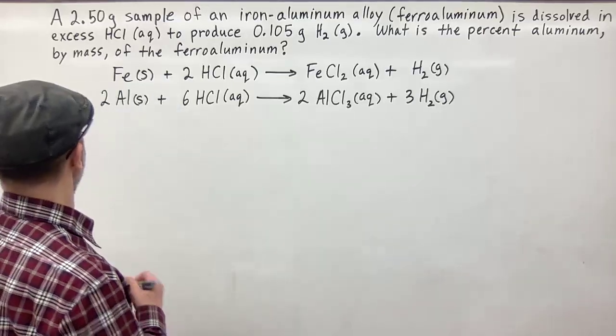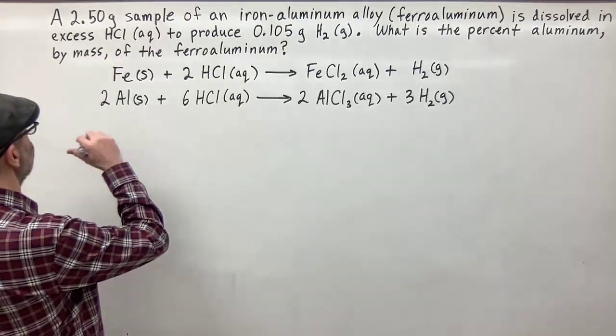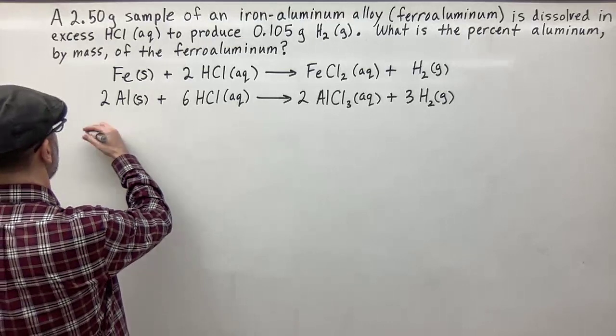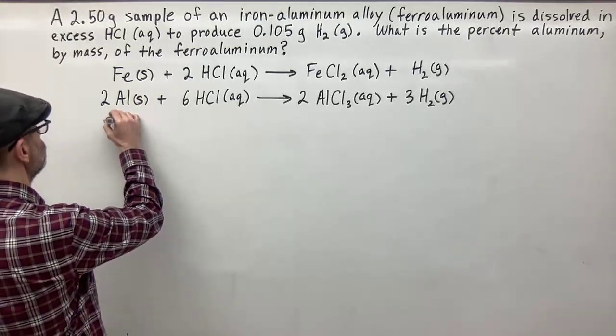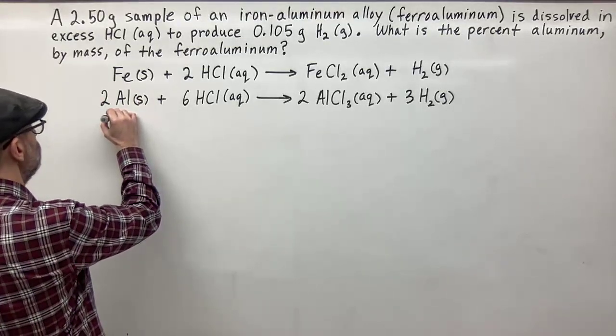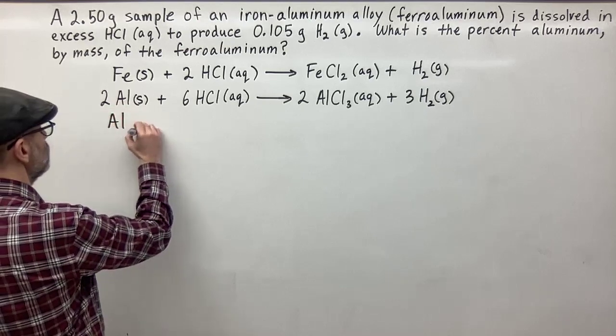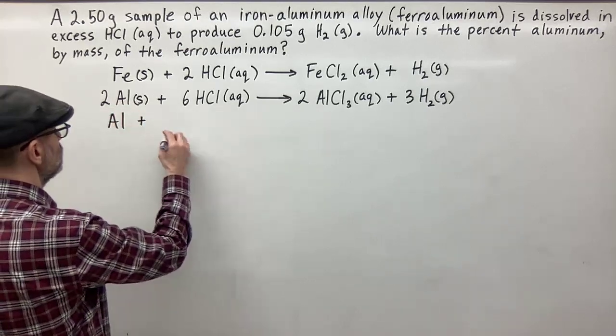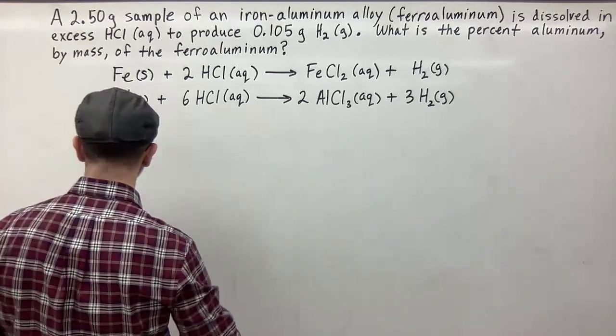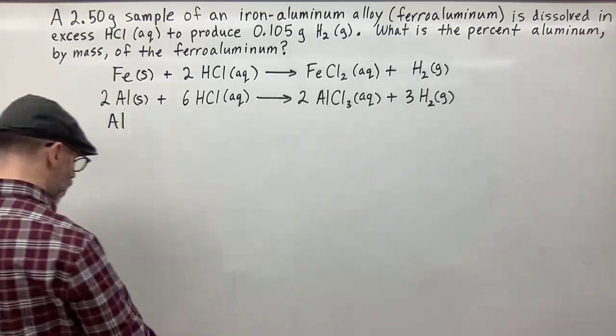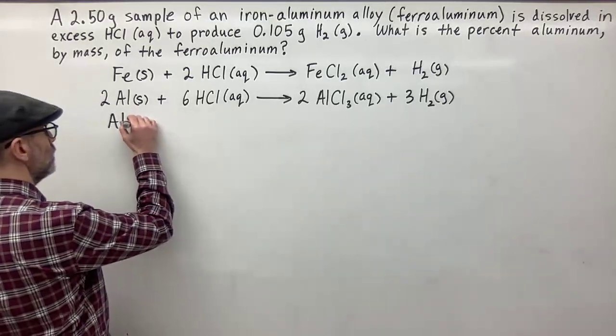But first, we need to identify, well, we could write it like this. Let's do it this way. We'll call aluminum X, right?